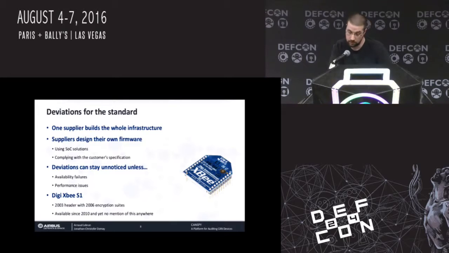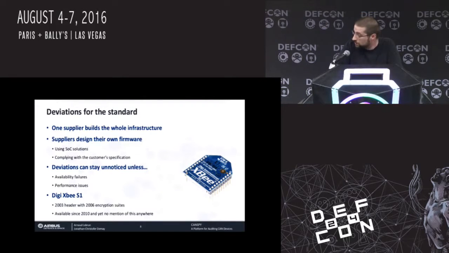We have one good example of this. Well, actually, we have many, but this one we can publicly talk about because the component is publicly available to anyone. That is the XB-S1 chip from DG, which is using the 2003 version of the frame format, but the 2006 security suite for encryption.